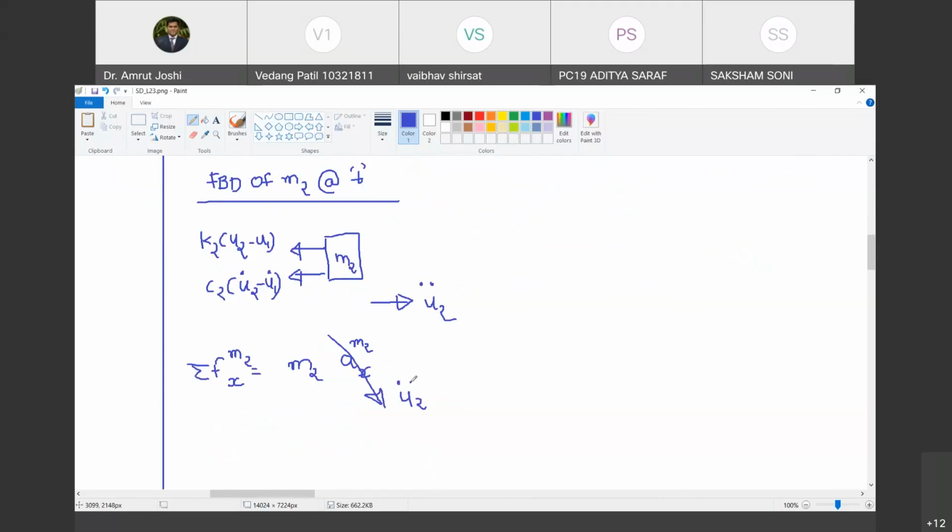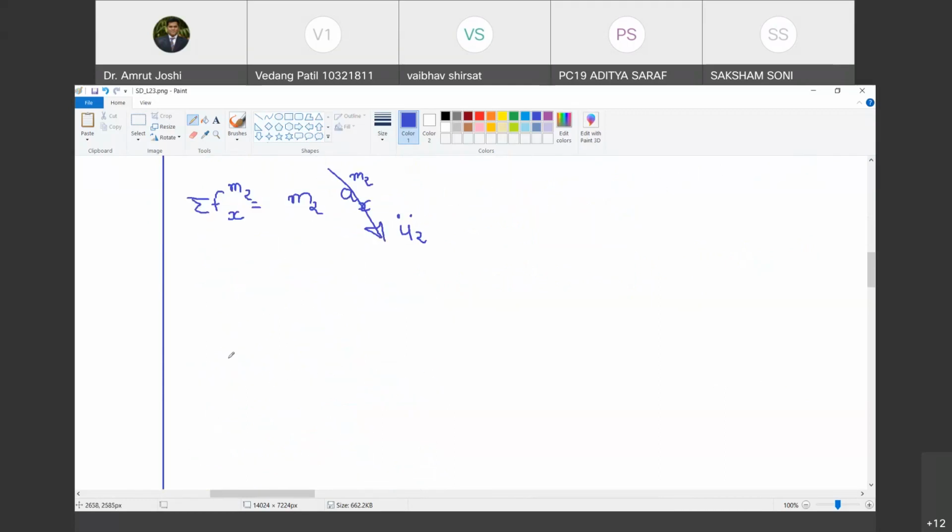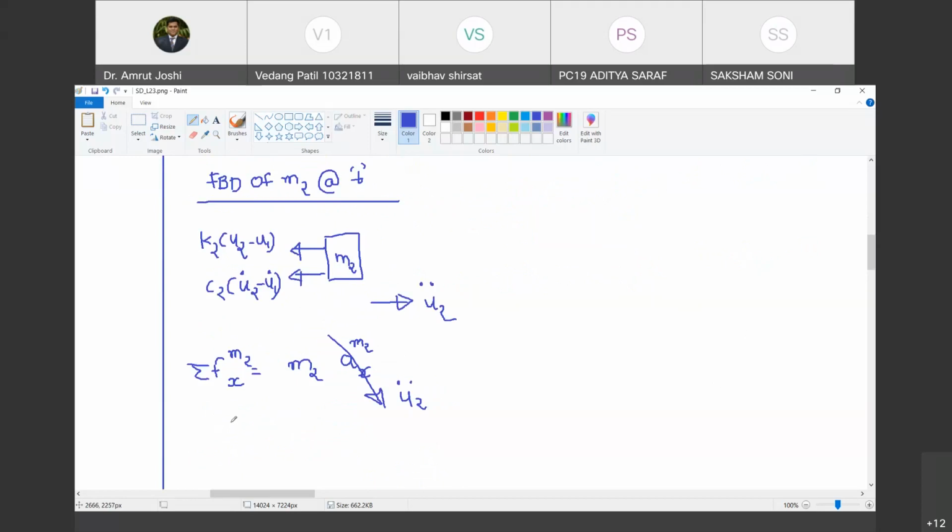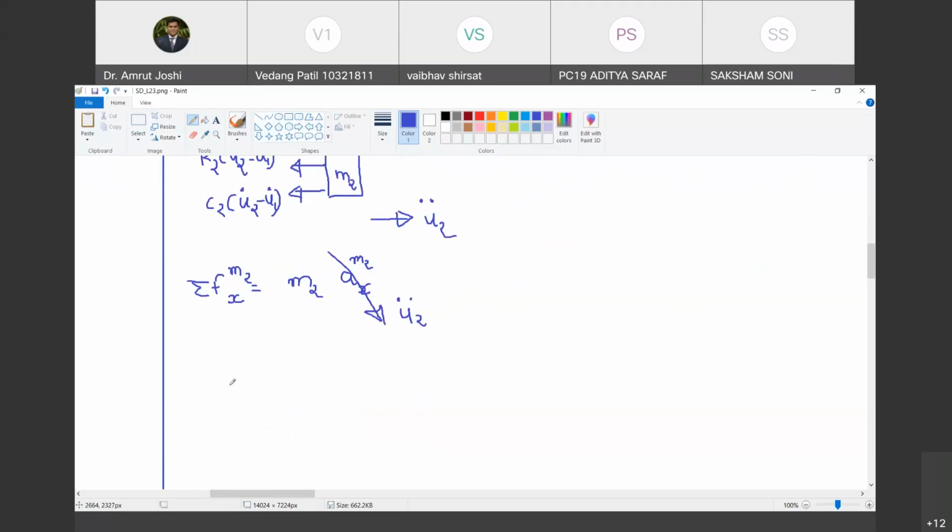U2 double dot. And what is the algebraic sum? So you are going to have minus k2 into u2 minus u1 plus minus c2 into u2 dot minus u1 dot.